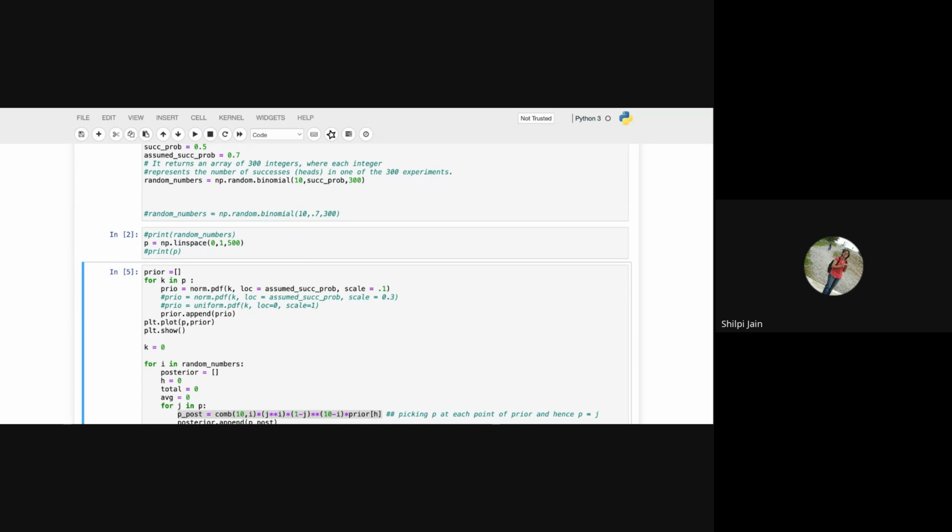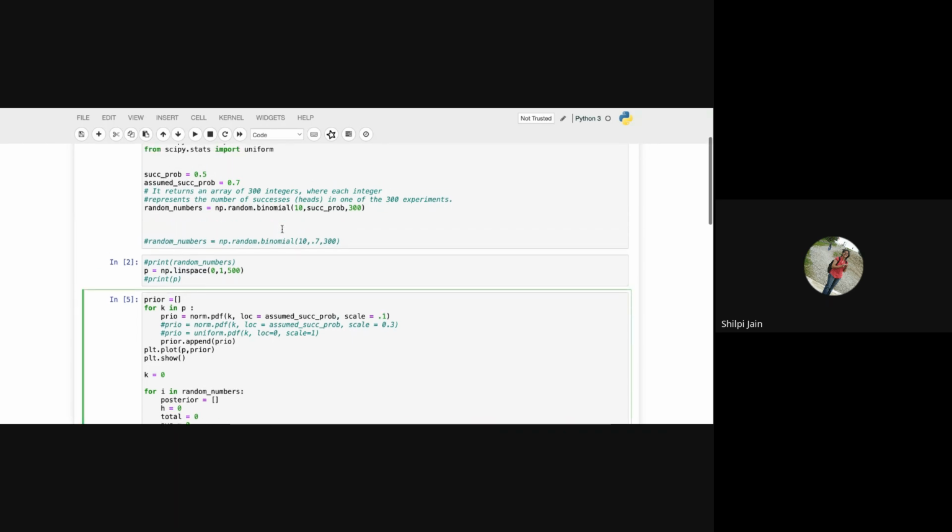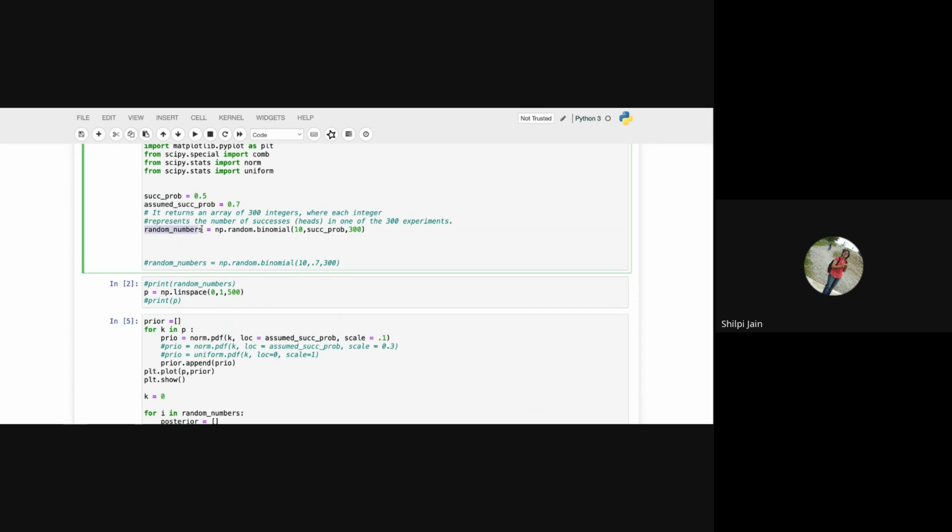Let me go line by line. What this line is essentially doing is generating experiments. I was saying that we do many such experiments of 100 coin tosses. This is doing 300 such experiments. Okay, I have taken 10 coin tosses.